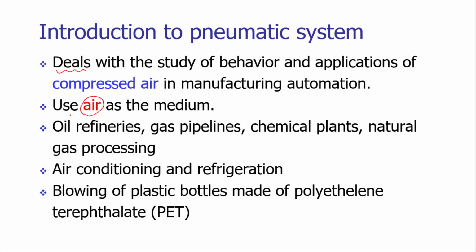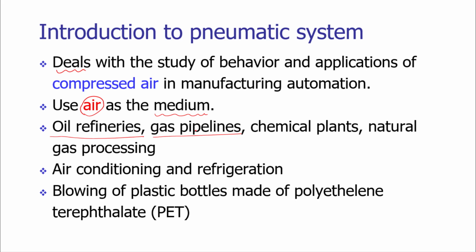In general, air which is abundantly available in the environment is used as the medium for processing. A variety of applications are there, such as oil refineries, gas pipelines, chemical plants, natural gas processing.